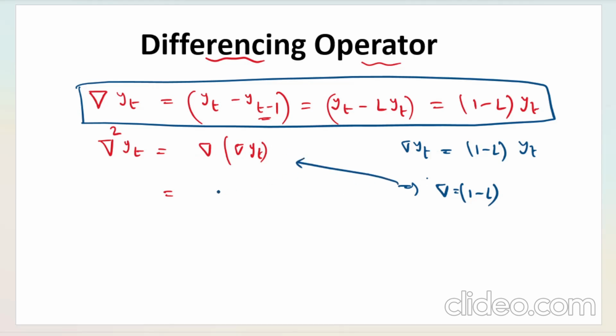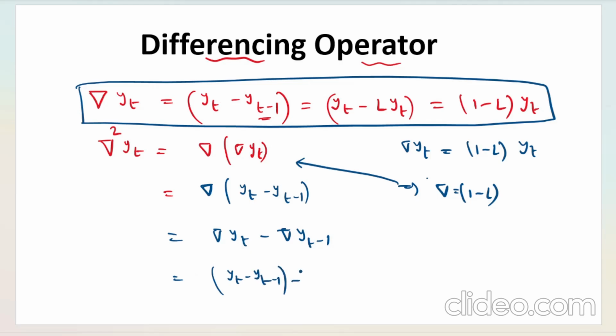So from that, if you apply here delta, what will be delta square yt? Delta square yt, you can write it in two ways. This is one way: delta yt minus delta yt minus 1. So this will be simply yt minus yt minus 1 minus yt minus 1 minus yt minus 2, or yt minus 2 yt minus 1 plus yt minus 2.